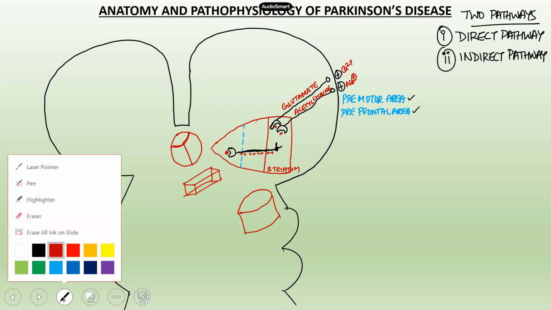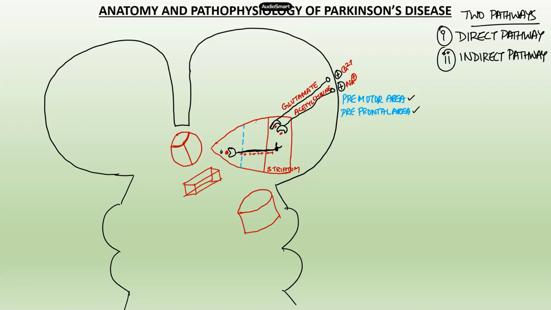So let me draw another neuron. Right. Now this neuron is also a GABAergic neuron. Now we have heard the concept of paradoxical disinhibition in our previous classes. That concept will be applied over here.